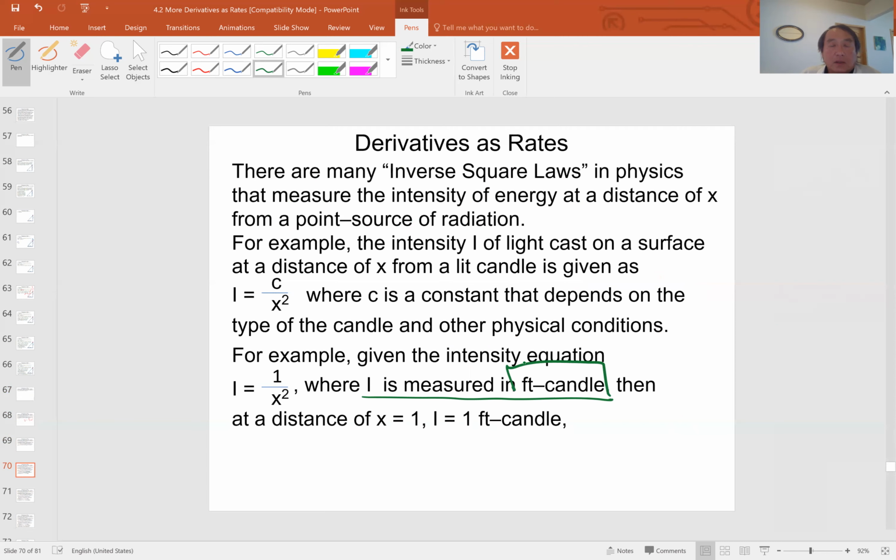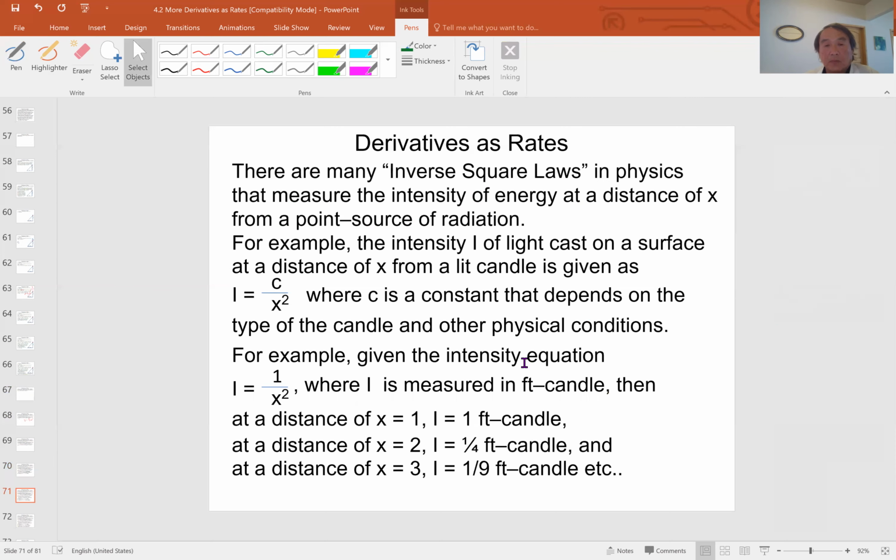If we move the light source further and further away from an object, or the object further away from the light source, then it gets dimmer and dimmer, the intensity of the light drops. That intensity is following this inverse square law. So if we move the distance to 2, it's one quarter. And if we move to 3, this is 1/9.